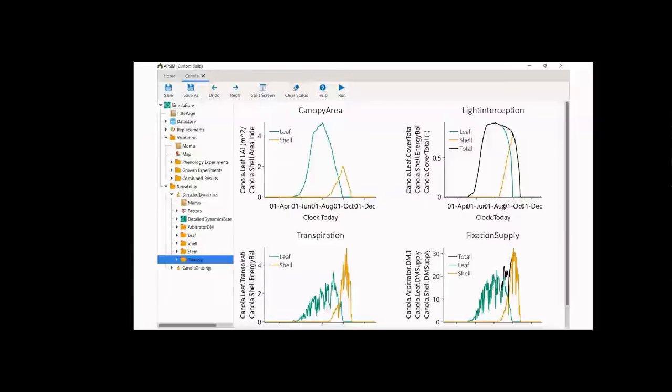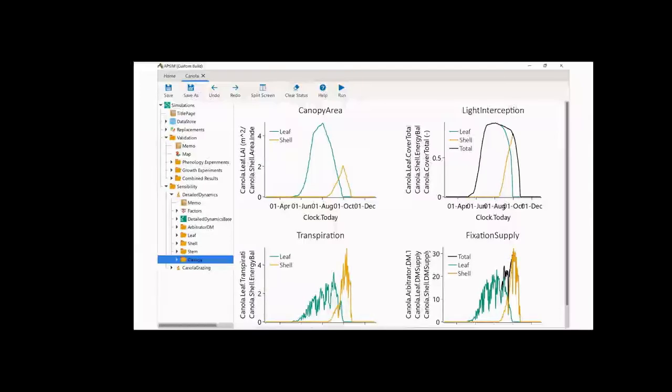People should be aware that with canola, early growth and photosynthesis is undertaken via the leaf canopy, and later in the season, most of that is being provided through the pods. So in the graphs here, we can see a plot of canopy area over time, and then later in the season, an estimate of the area of the pods.